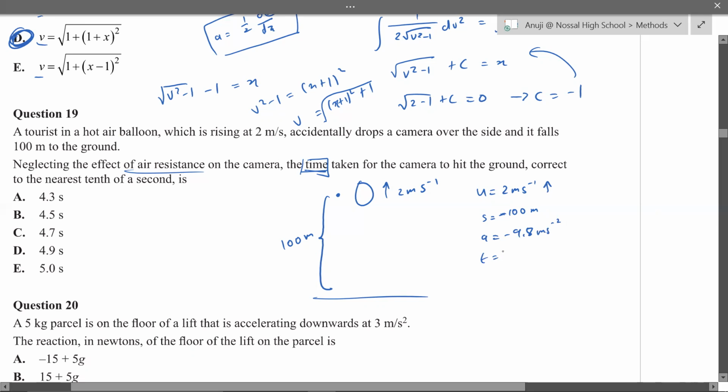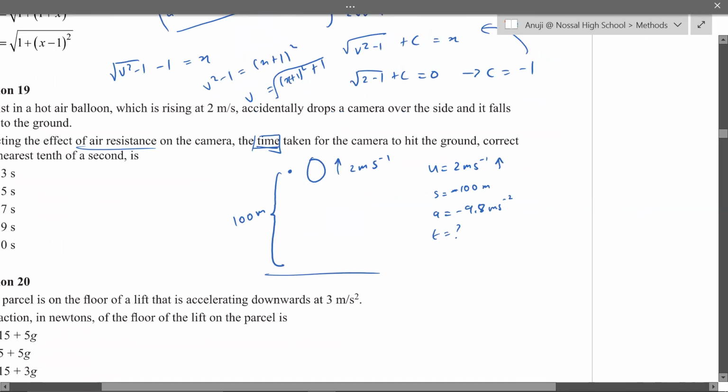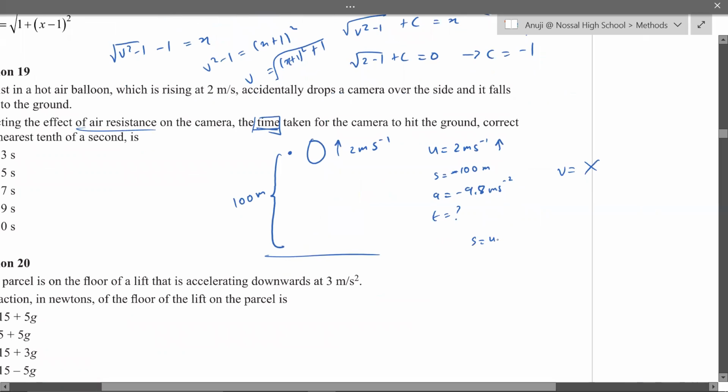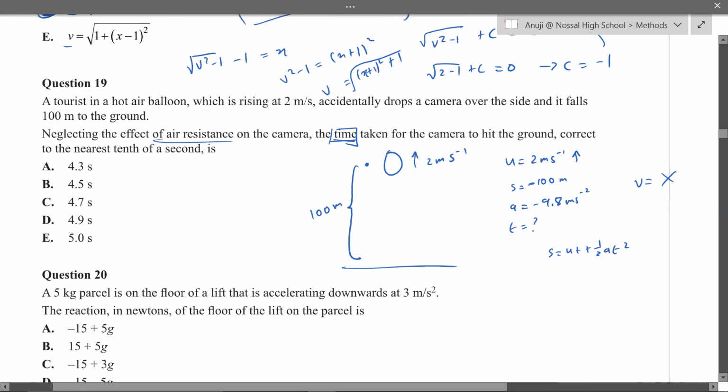And we need to find T. So the equation that doesn't have V in it, because we don't know what that is, is S equals UT plus half AT squared. Then you can put these values into here and solve it like a quadratic on your CAS. And then I think one of the values is negative, so you get rid of that one because time can't be negative, and you just get C.